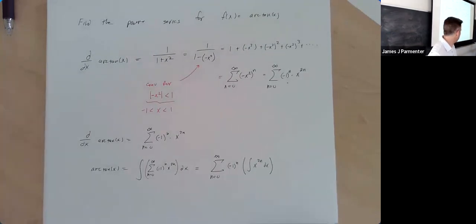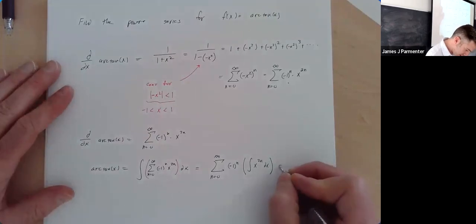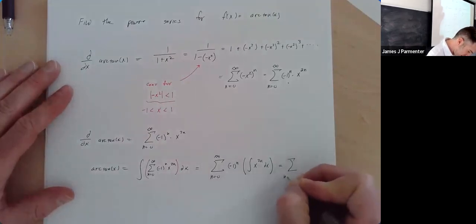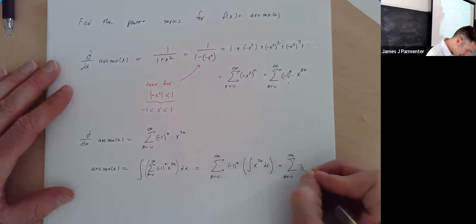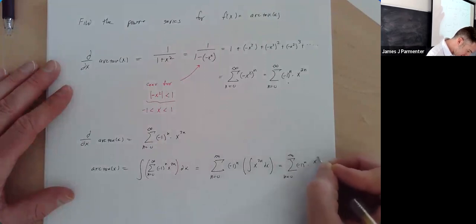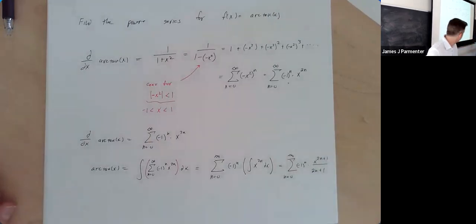That is a true thing we can do. And we know how to integrate x to a power. You're just going to get the sum from n equals 0 to infinity of negative 1 to the n times x to the 2n plus 1 over 2n plus 1. And that is your arctangent series.